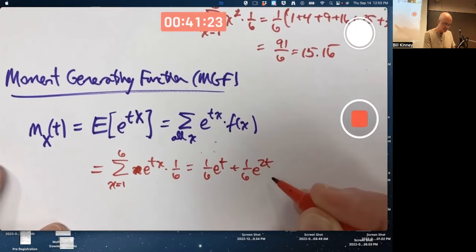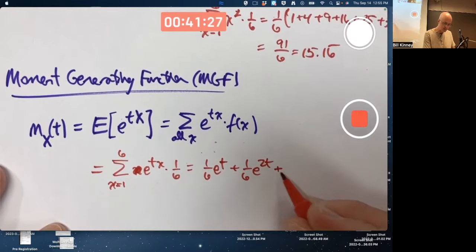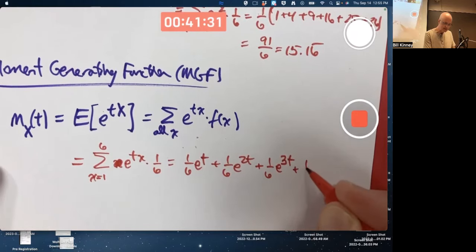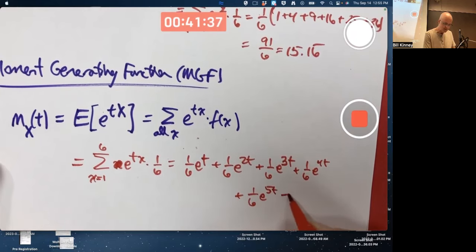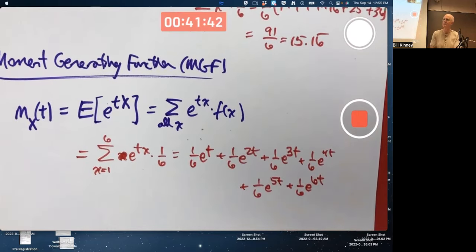X is changing. I'm putting the x in front of the t instead of after the t when I do this. 1/6 e to the 3t, 1/6 e to the 4t, plus 1/6 e to the 5t, plus 1/6 e to the 6t. This is the moment generating function for the dice rolling example.